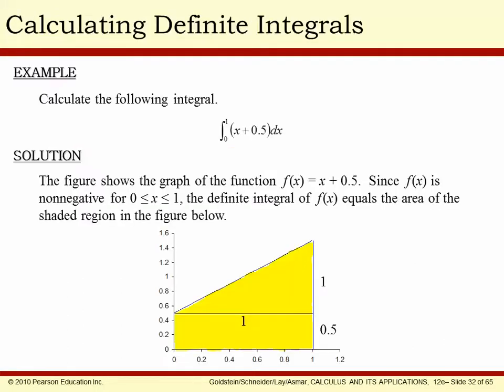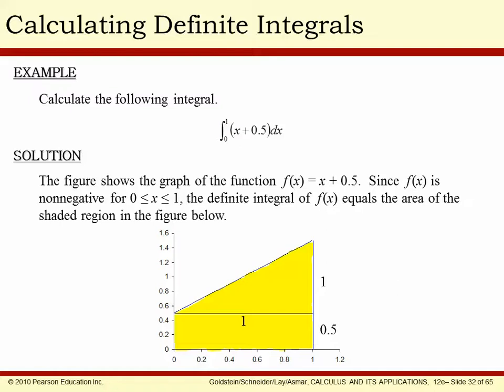All right. So the first problem that we're going to do here is we're going to calculate the area under this curve from 0 to 1 of x plus 0.5 dx. Okay?